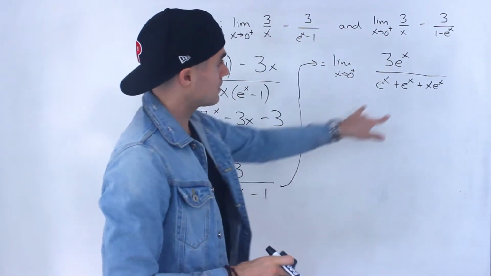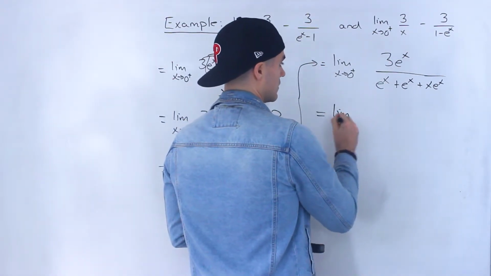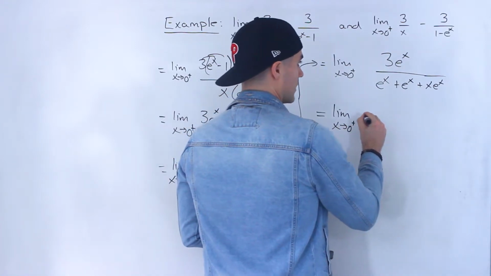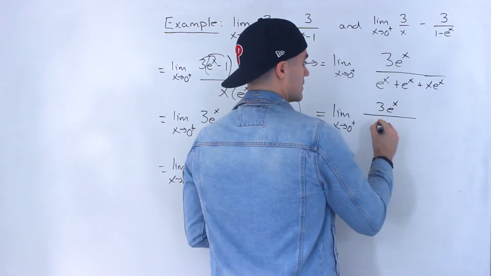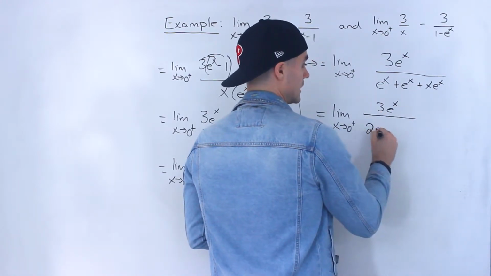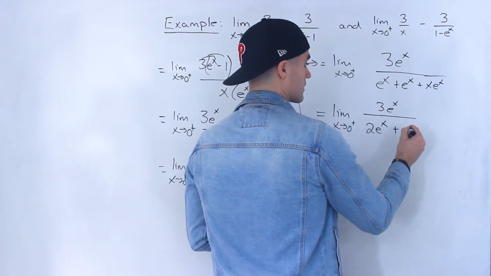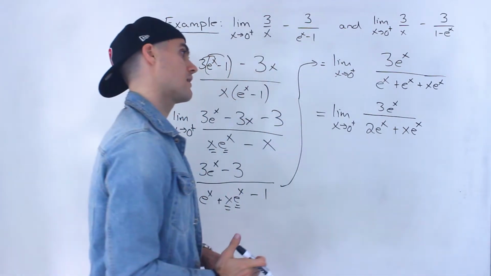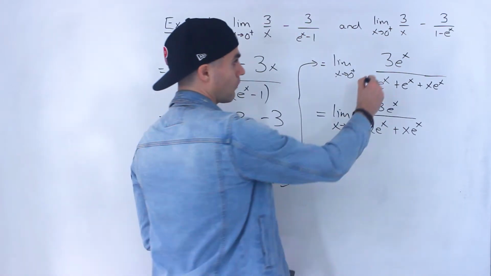And then notice here, these two are like terms. So we'll have 3e to the x over 2e to the x plus x e to the x, like that. Right? This is like a 1 and a 1 here.